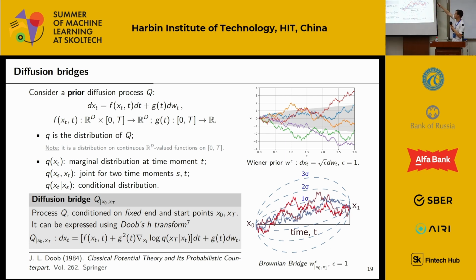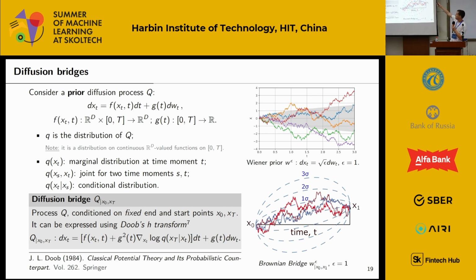Basically, we have some diffusion process, and a diffusion bridge is the same process, but pinned at two points. What does this mean? This means that this is a conditional diffusion process, conditioned on its start and end points. So it is the distribution of the process Q, assuming that it starts and ends at particular given points x_0 and x_T.